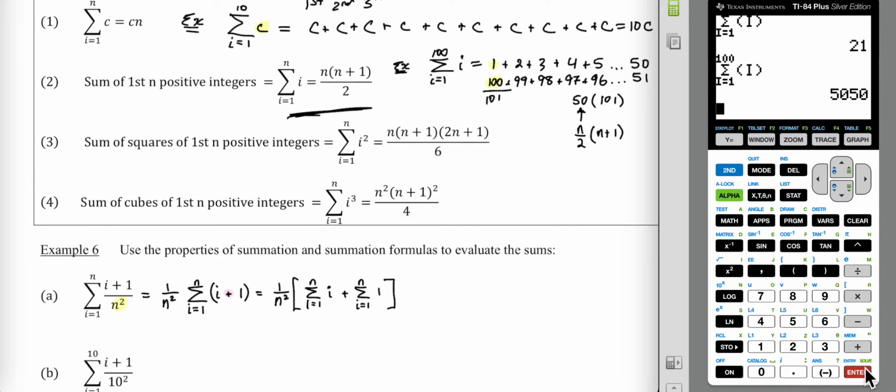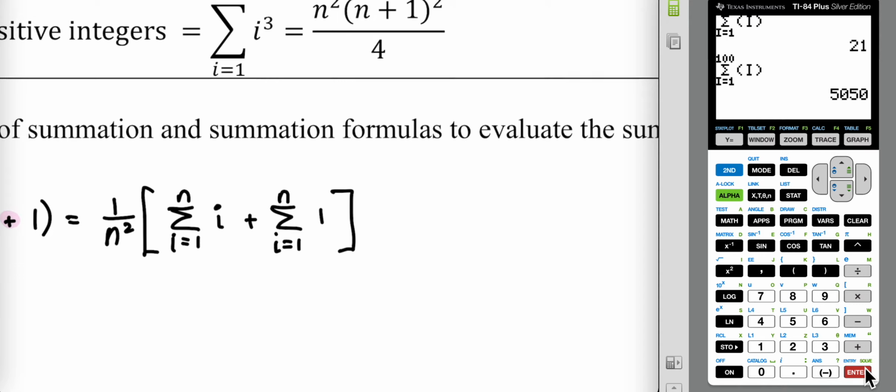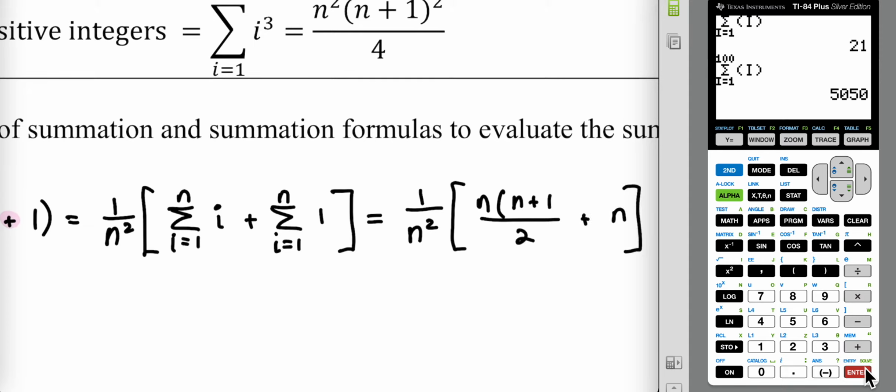That's this bad boy right here. So we can pop both of these rules in, and then start the process of simplifying. So n times n plus 1 over 2 plus n.